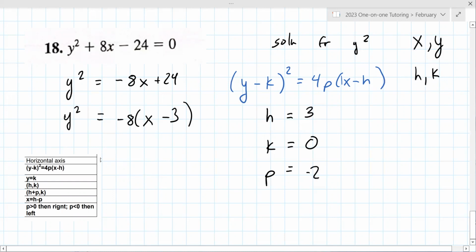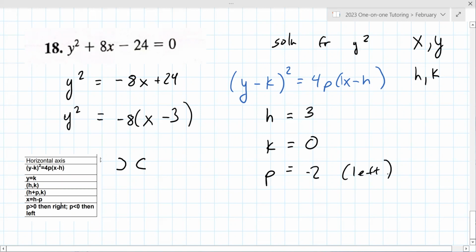Now, because it's a horizontal axis, that means it either opens left or it opens right. Right. And you can see here that they give you rules. I mean, these don't mean as much when they open left and right as they do up and down, but they say this one opens left. Why?